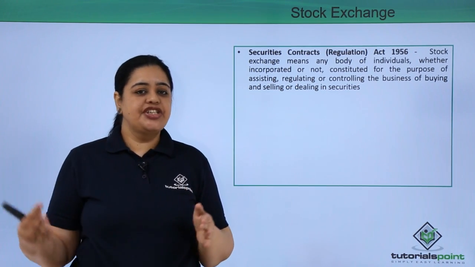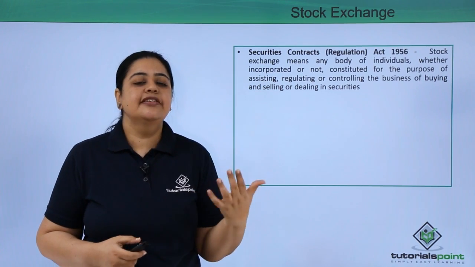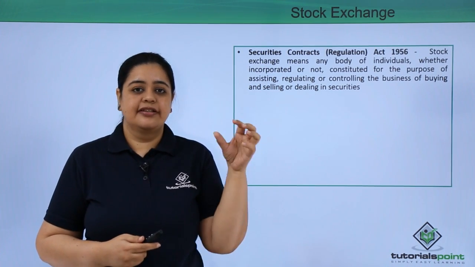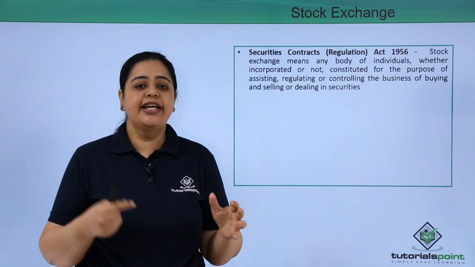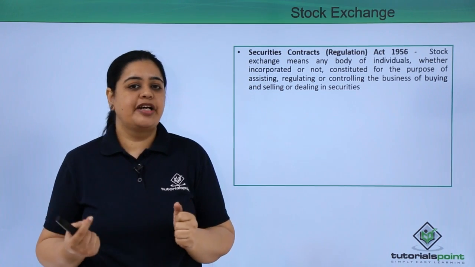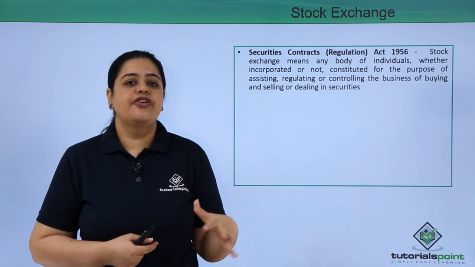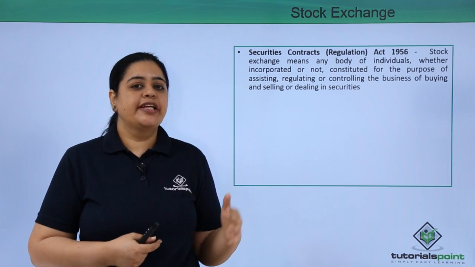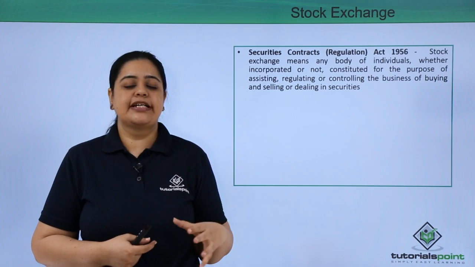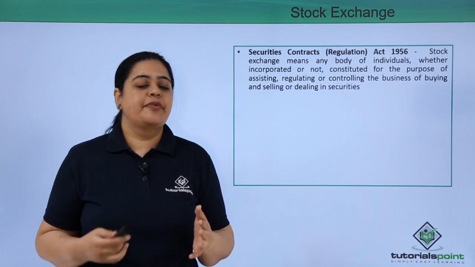See, when stock exchanges came up, that is when the capital markets came up, investors, that is the savers, used to come and save the money, and the businesses used to take the money from these households or individuals. So what was happening, there was no proper mechanism, and there were certain business houses which resorted to cheating and other kinds of malpractices.